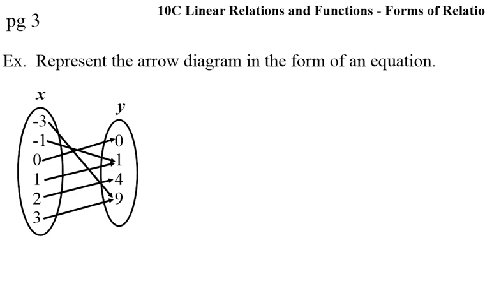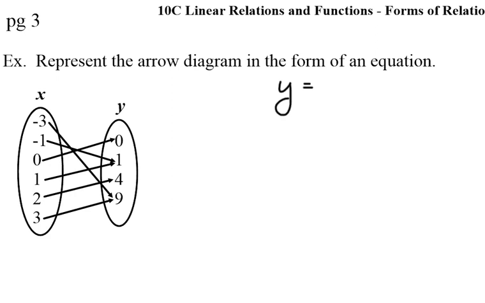All right, so now we can go another direction. What about that arrow diagram? What if you wanted to write it as an equation? So y equals. Y is somehow based on x. Well, an arrow diagram can look confusing, but sometimes looking one way doesn't help us.